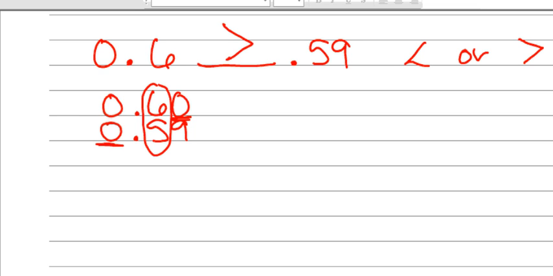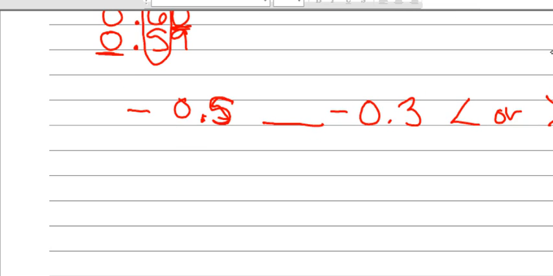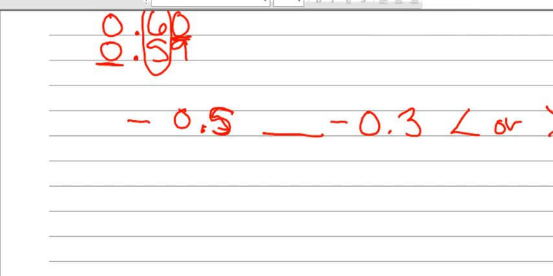What happens if I have a negative? Is negative 0.5 less than or greater than negative 0.3? So remember, when we're talking about negatives, the closer your number is to 0, the bigger it is.